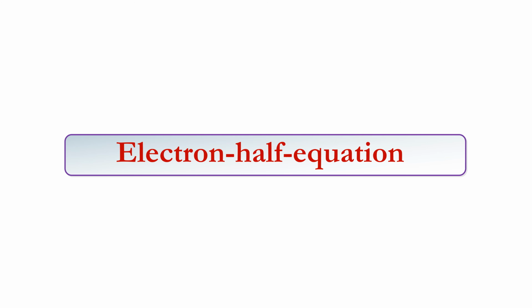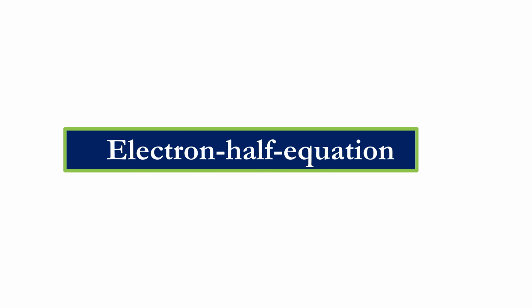Now we look at electron half equations. What is an electron half equation? An electron half equation shows what happens at one half of the reaction. Every redox reaction is made up of two half reactions.